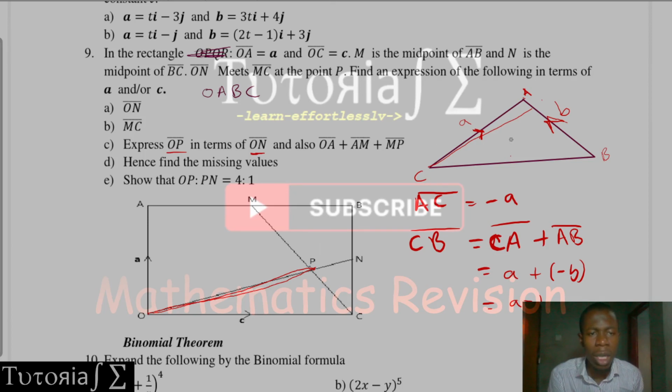Okay, so let me just talk about ratios a bit. Say there is a point here.